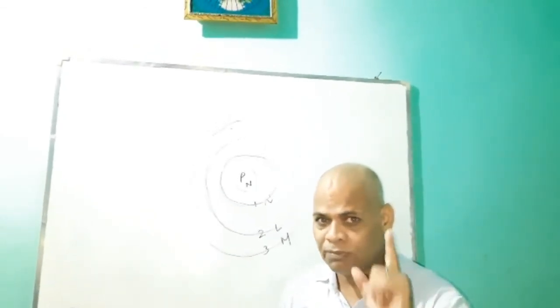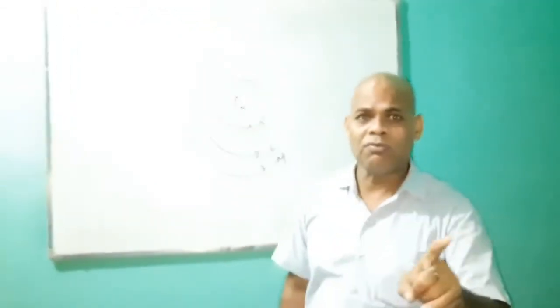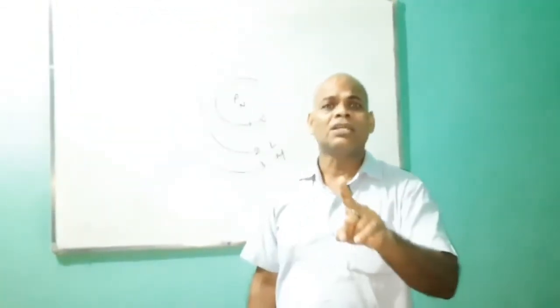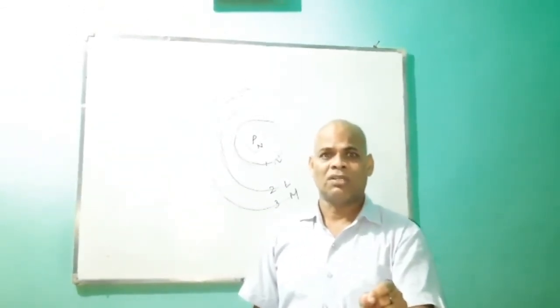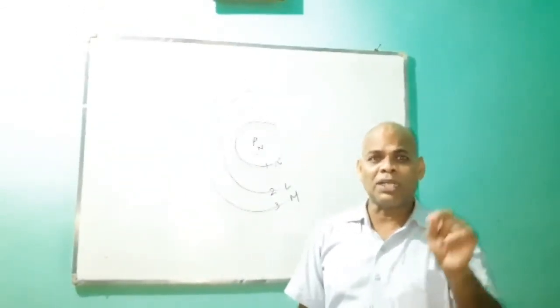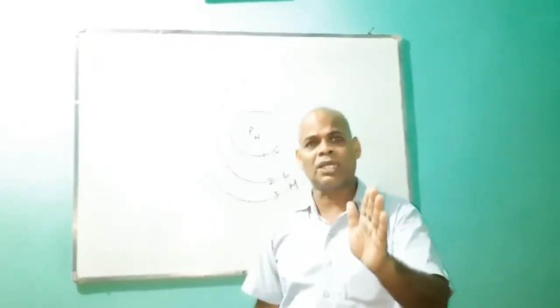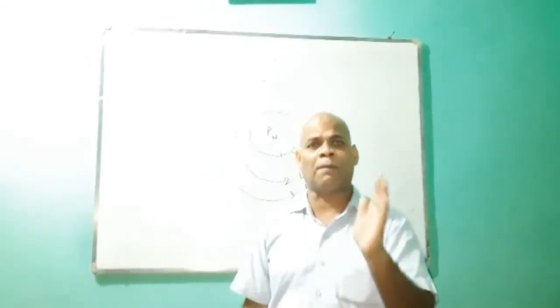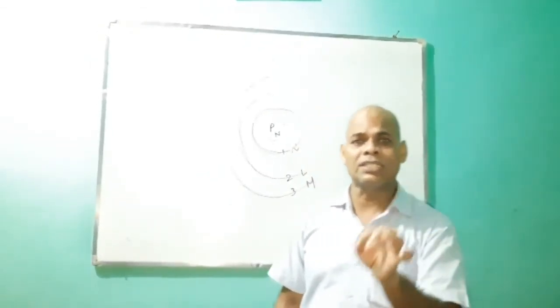What Niels Bohr said first: in an atom, electrons revolve around the nucleus in a fixed circular path called an orbit, shell or energy level.